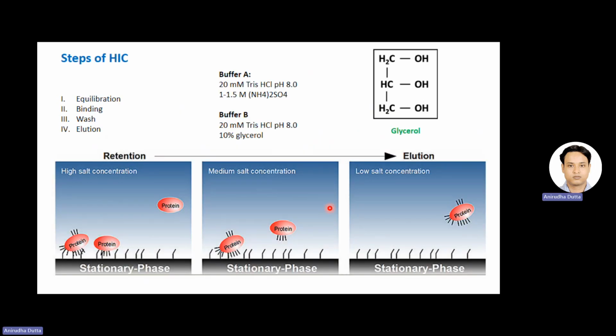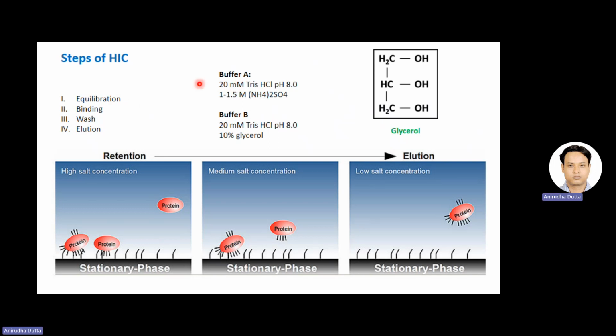So what are the steps of hydrophobic interaction chromatography? Any column that we already mentioned would have these common steps. The first step would be equilibration of the column. We have to equilibrate the column in the buffer in which we are going to apply our protein, that means the binding buffer. What we have mentioned is that hydrophobic interaction is enhanced in the presence of a high concentration of salt, ammonium sulfate.